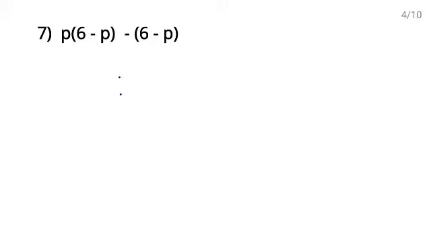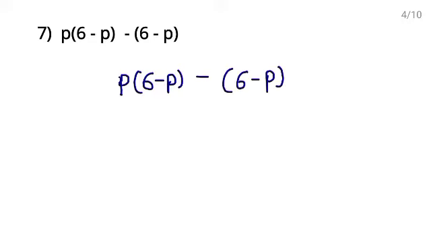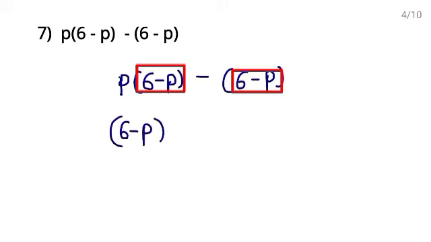Next, question number 7. p into 6 minus p, minus 6 minus p. Again we have 6 minus p as the common binomial factor. So take it outside the bracket, 6 minus p. In the bracket, in the first term we have p, and in the second term we have nothing.